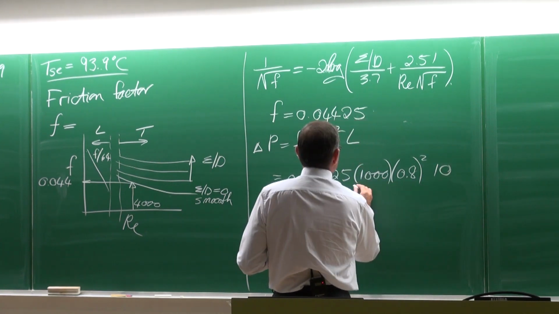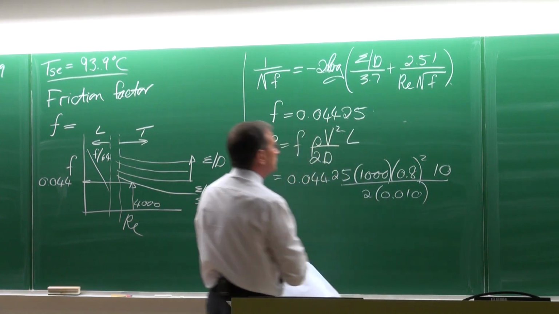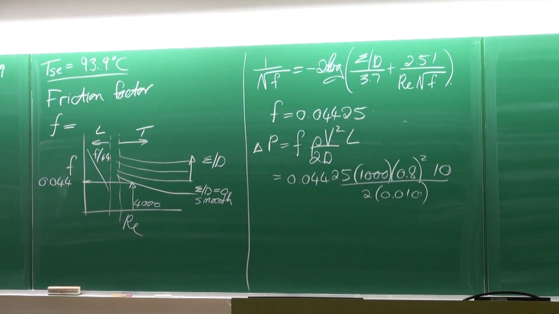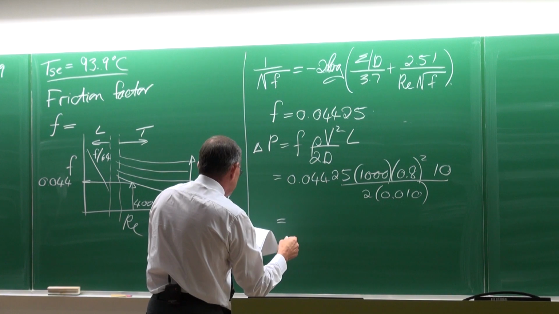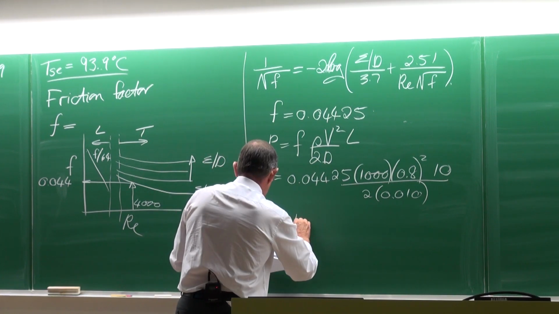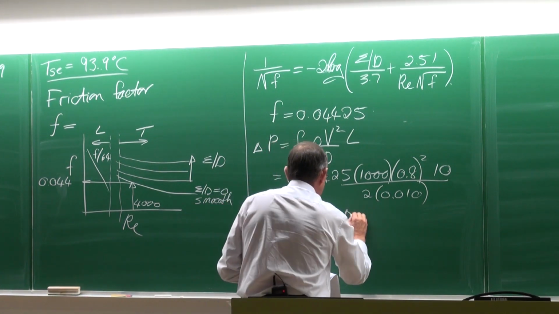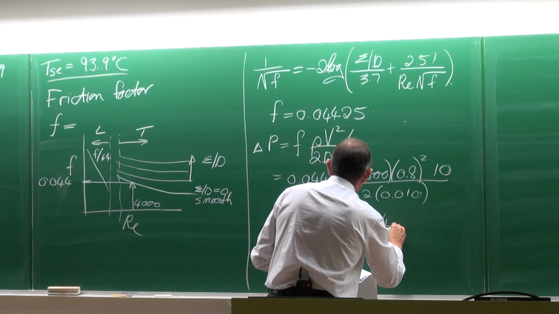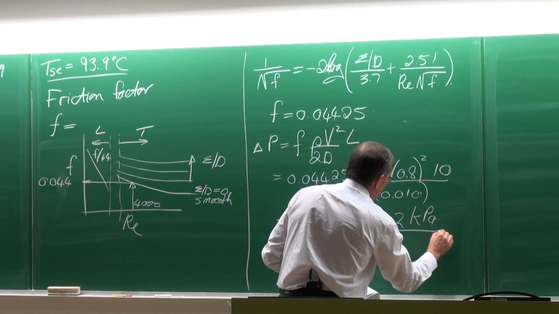The length is 10 meters, divided by 2 times the diameter, 2 times 10 millimeters. And from this, we can determine that the pressure drop is equal to 14,160 pascals. That's not an engineering answer. This is 14.2 kPa, 14.2 kilopascals.